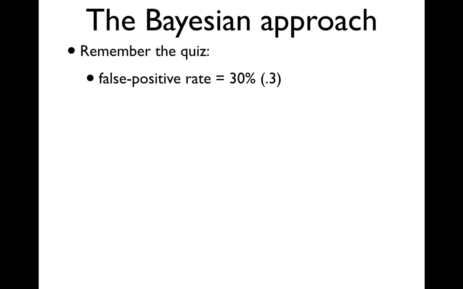So let's remember the quiz. We've got the false positive rate of 30%, and a false negative rate of 20%.